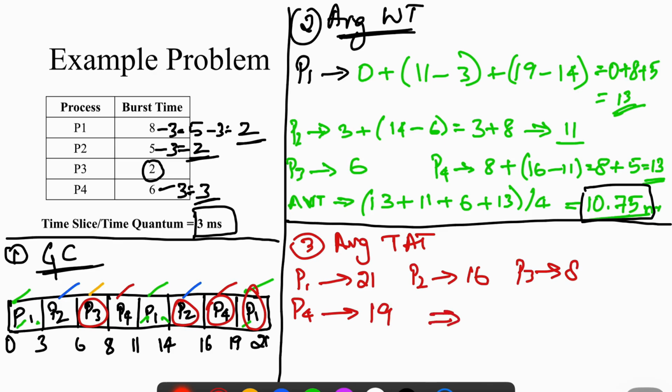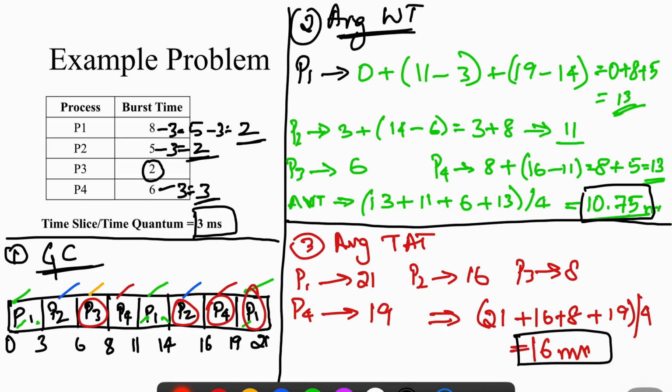So it is 21 plus 16 plus 8 plus 19 divided by 4. It becomes 16 milliseconds of turnaround time. So here we have calculated the waiting time as well as the turnaround time. It's 10.75 and 16, as well as the Gantt chart that we discussed.